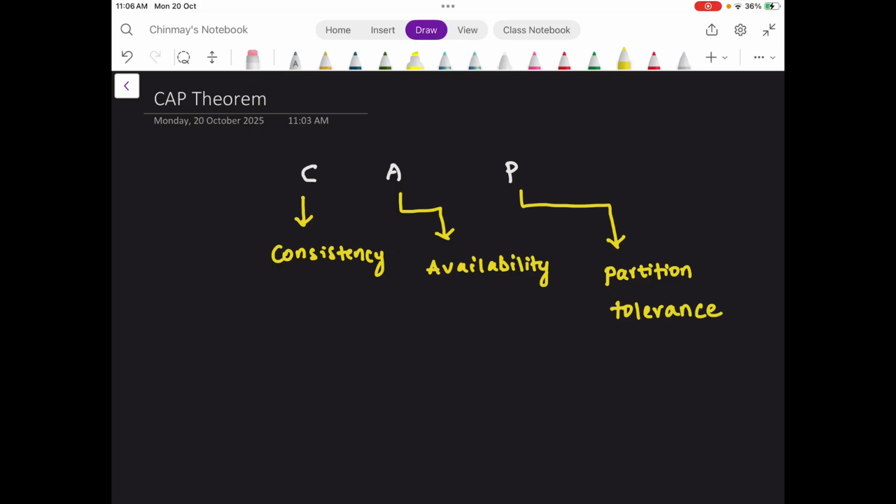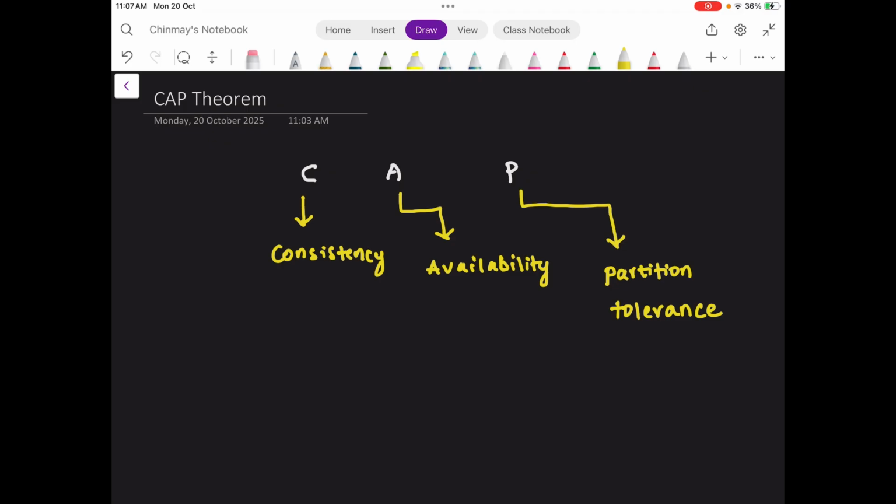Before we discuss the CAP theorem, we need to understand this CAP principle. That means C means consistency, A means availability, and P means partition tolerance. Let's understand these terms very clearly, then only we can clearly understand what the CAP theorem says.